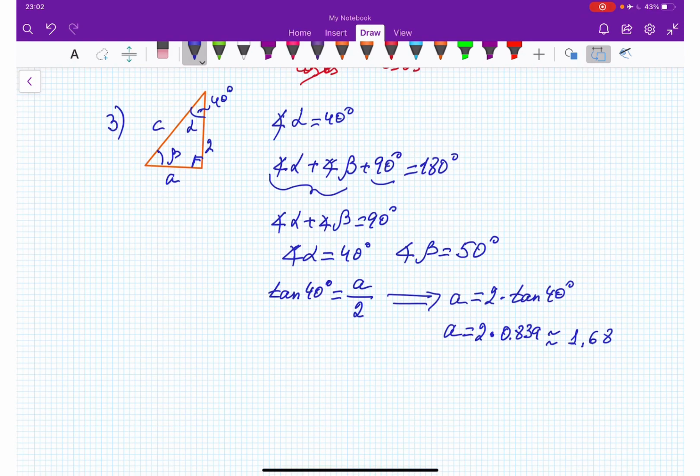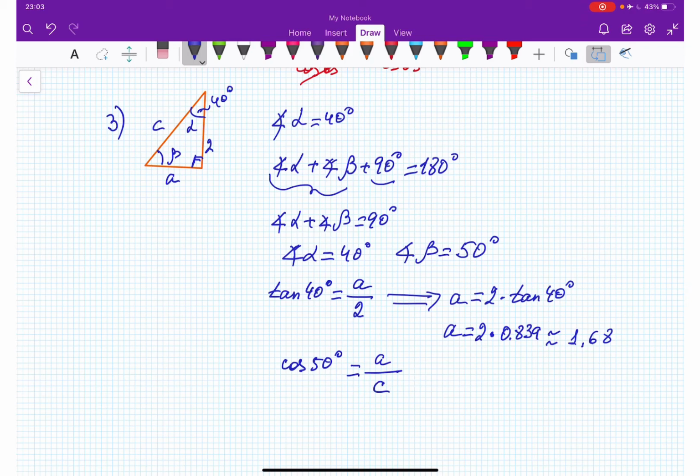So I'm going to use cosine 50 degrees. Cosine of 50 degrees, that's beta, is going to be equal to the adjacent side A over hypotenuse C. Correct?